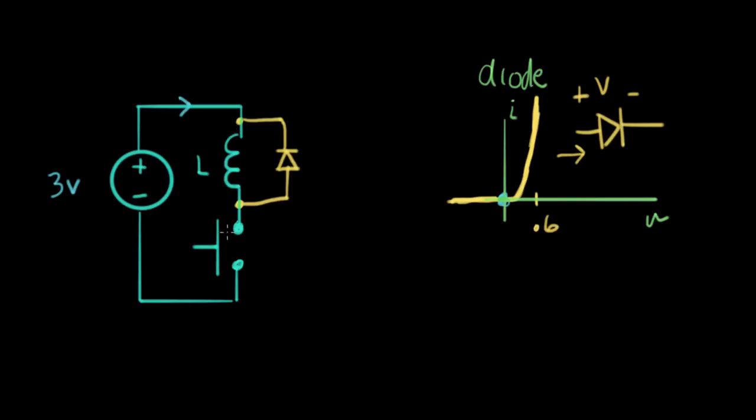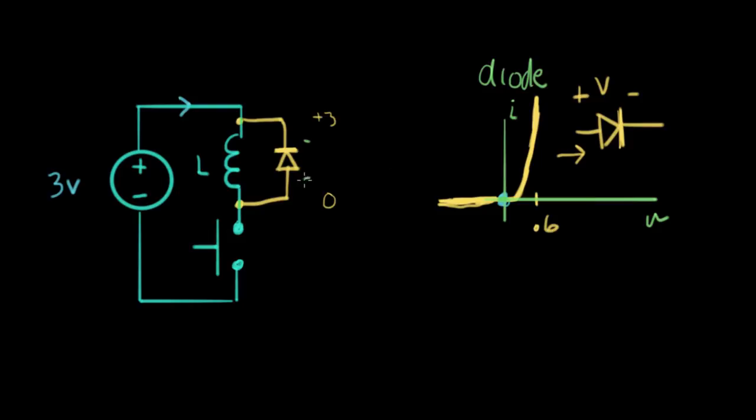Now we push the button down, and a current starts to flow through the inductor. And there's 3 volts across the inductor. So let's look at that. There's plus 3 volts here, and there's 0 volts down here. So there's 3 volts on this side of the diode. This is the side where it doesn't conduct. That 3 volts represents negative 3 volts across the diode. Let me mark the diode voltage on here.